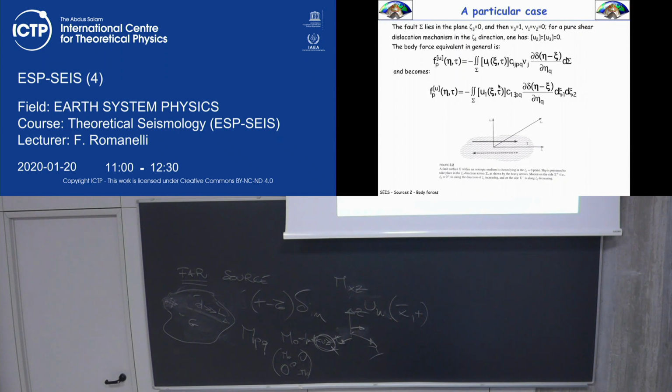The fault is strange, but the slip on the fault is occurring on a plane that is exactly this, the plane X, Y. Let's imagine X, Y, Z. So the fault is at the plane Z equals 0, X, Y, and the displacement U is occurring in the X direction. It's just a specific case.